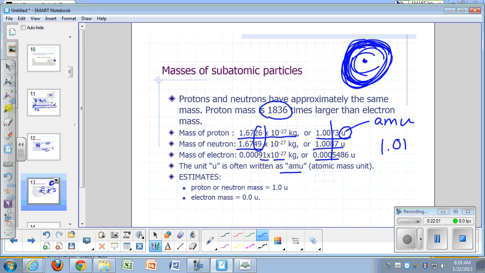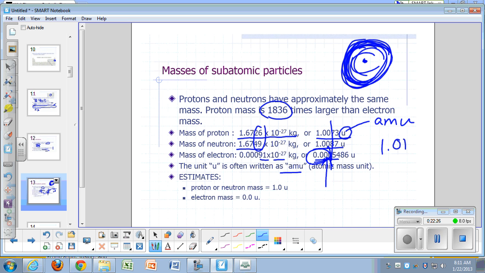So like I said, that's 2,000 times less massive than a proton or a neutron, 0.0005 atomic mass units. So if you were to round off the mass of your electron to the nearest hundredth of an atomic mass unit, what would it be? If you round to the second decimal place, you can pretty much ignore the mass of the electron, okay?